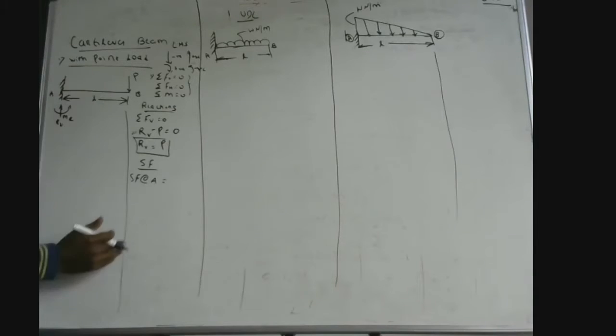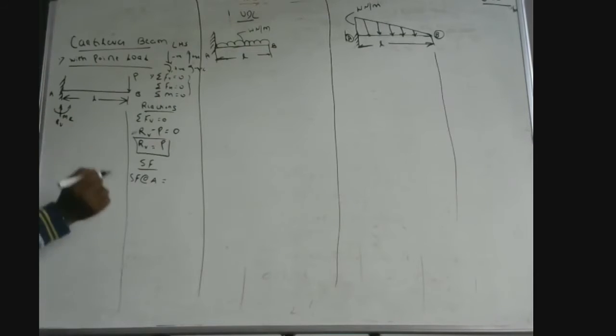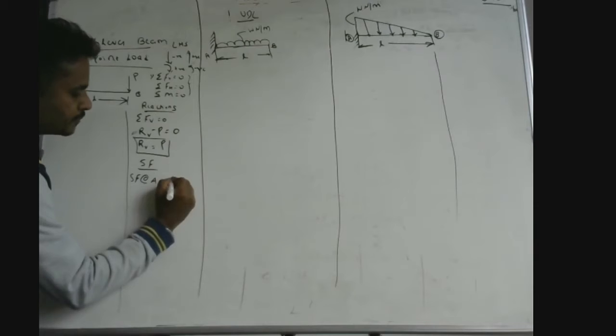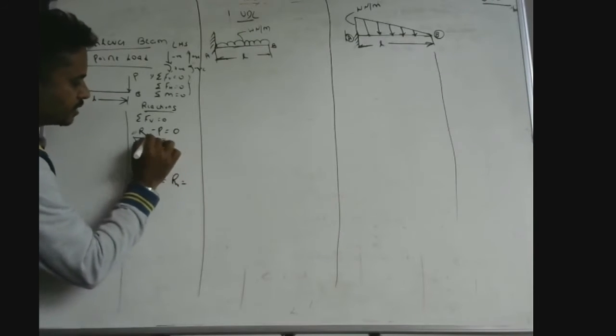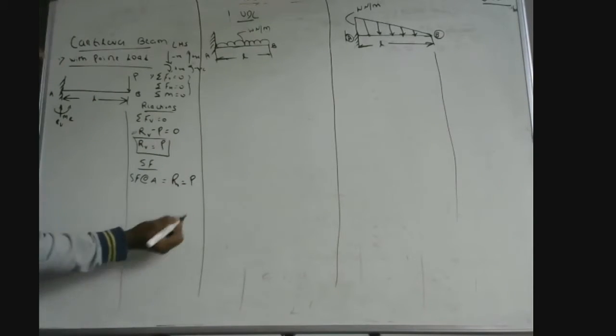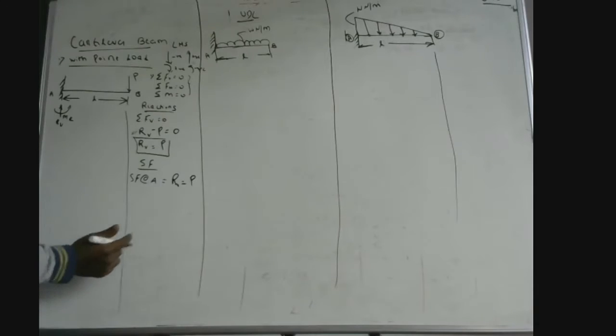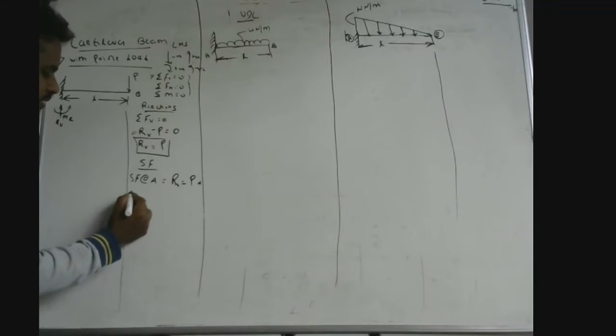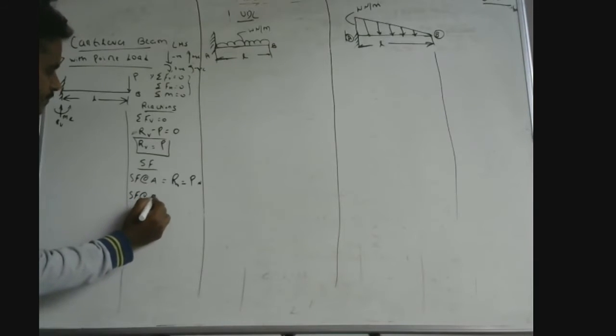So, shear force at A: there is no force to the left, but at point A RV is acting upward. Upward force is considered positive. This RV, how much is it? We consider it as P, in terms of Newtons or whatever unit it may be. Now let's take the shear force at B.